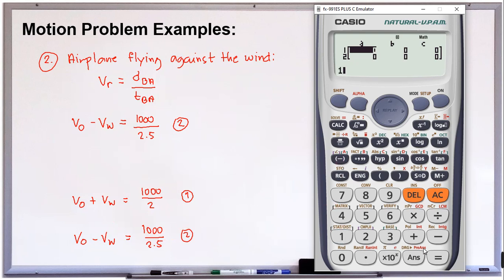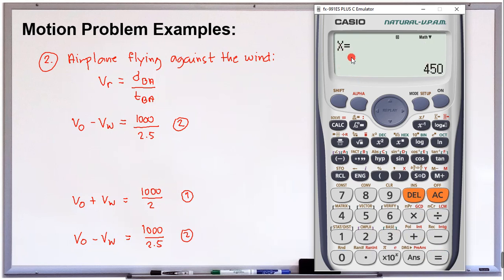So VO is 1, then 1, then here 1000 divided by 2. Then for the second equation, we have 1, then negative 1, and then the constant 1000 divided by 2.5. Okay, press equals.